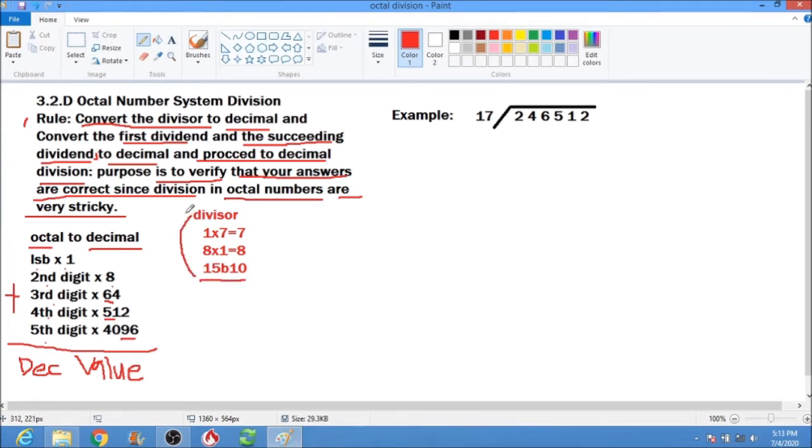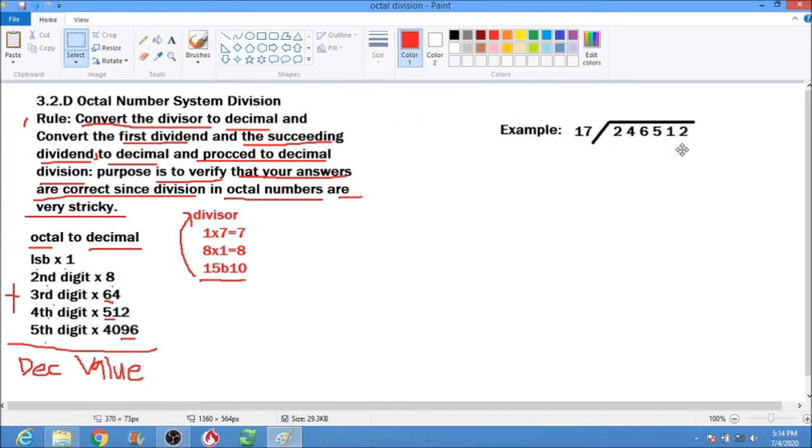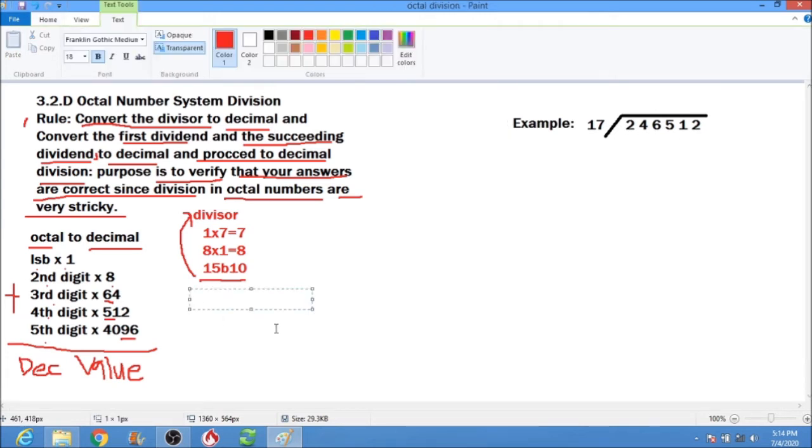The first dividend is 24, so we convert 24. 1 times 4 is equal to 4.